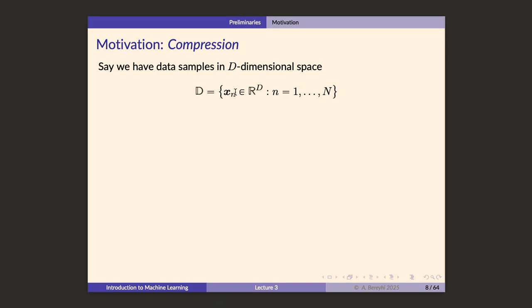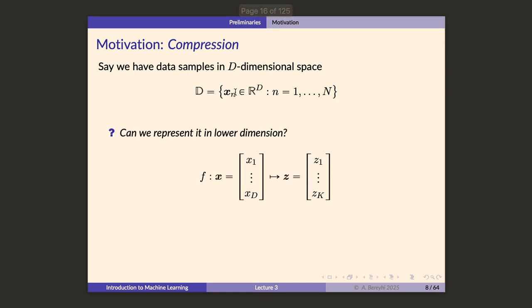And then what you want to do here, you want to see whether you can find one mapping which gets this vector, the d-dimensional vector x, and then maps it into a smaller dimension, meaning that it's going to return one vector z, and this vector z is going to be k-dimensional, with k being smaller than d.